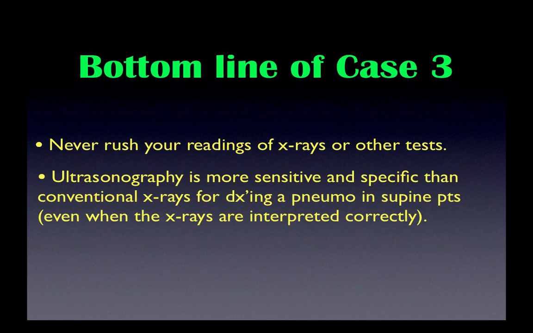And then, of course, ultrasonography is quite sensitive and specific for a pneumothorax and is significantly more sensitive and specific than conventional x-rays. And in this case, we could add even when the x-rays are interpreted incorrectly or correctly.